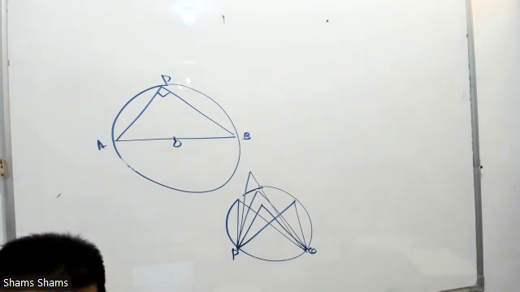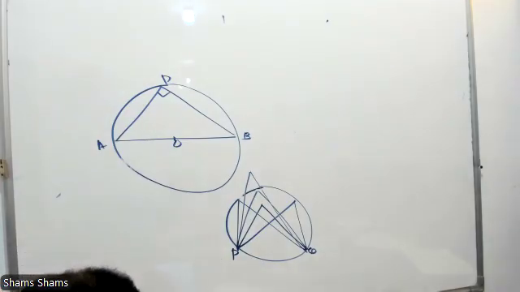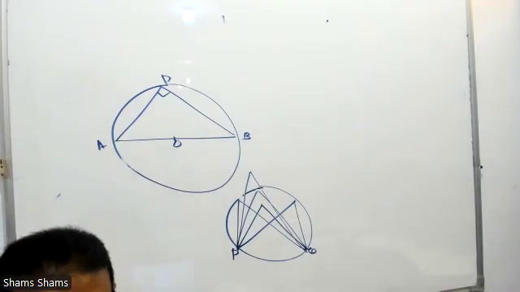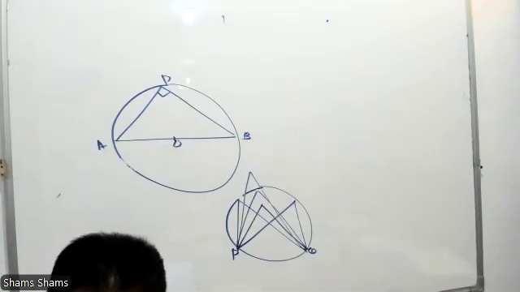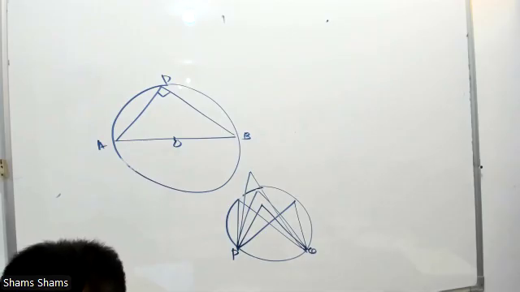Next class I'll do it, then one more week I'll finish the extra questions. By the time their exams are over, I'll do the in-class also. Okay, check the theorems now.